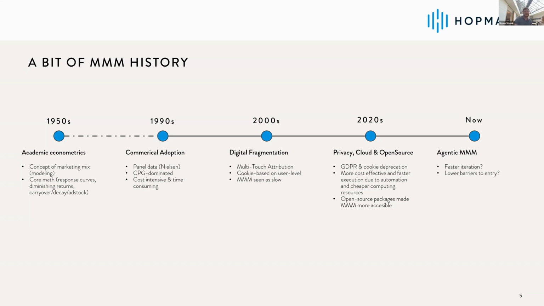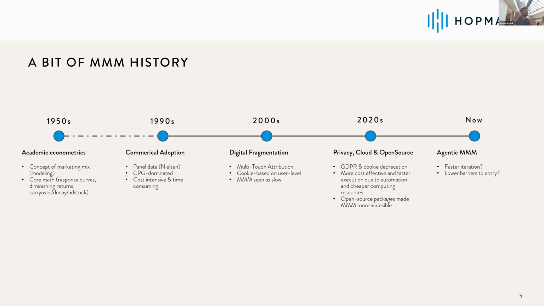But then there was some kind of renaissance, I would say, in the last five to 10 years. One reason is privacy. GDPR and cookie deprecation made it very difficult to do user-level multi-touch attribution. On the other hand, we also had the entire cloud computing movement. It got much easier and cheaper to run models, even on your own computer, but also in the cloud.